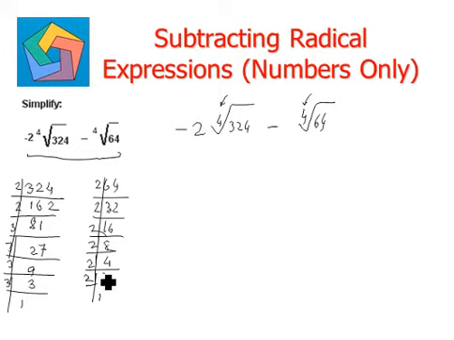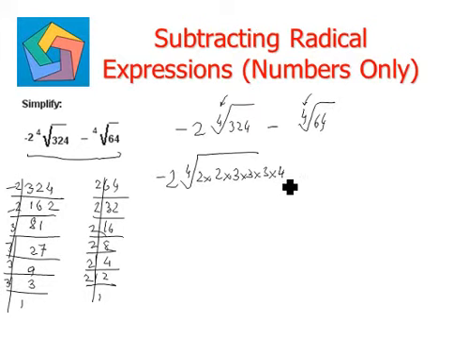So we'll put it inside the fourth root. So we have 2 twos and 4 threes. 1, 2, 3 and 4.